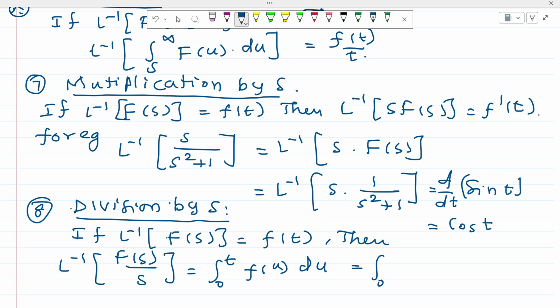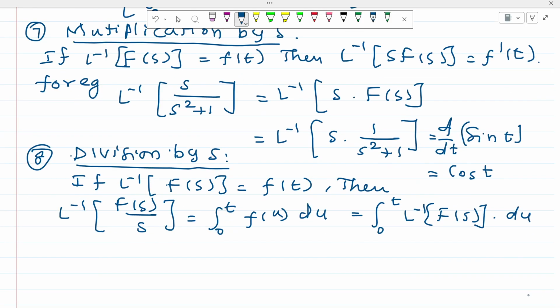Otherwise it can also be written as the integral from 0 to t of L inverse of F(s) du. Okay, so these are the 8 important properties.